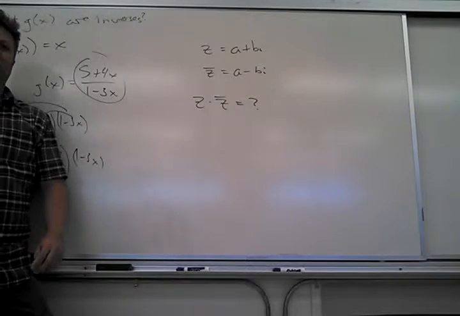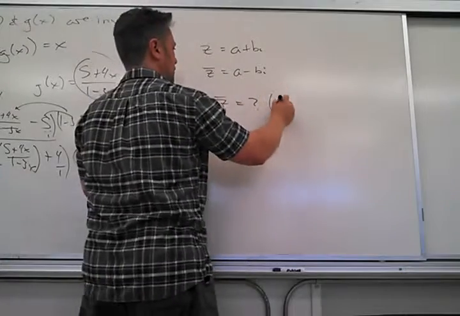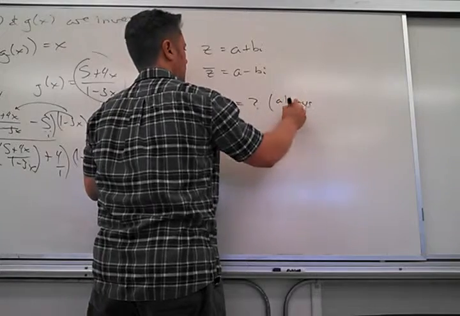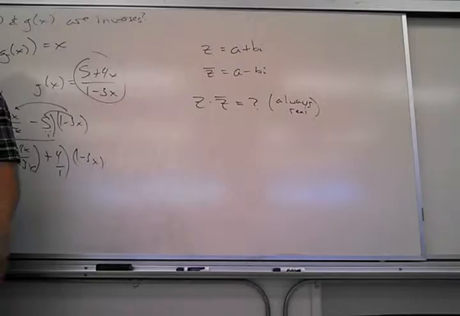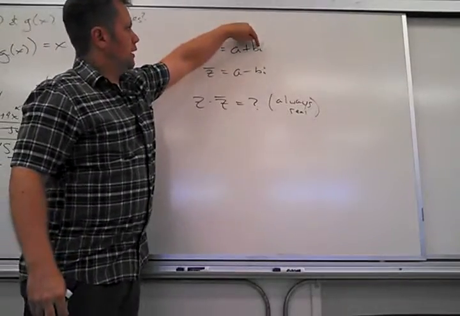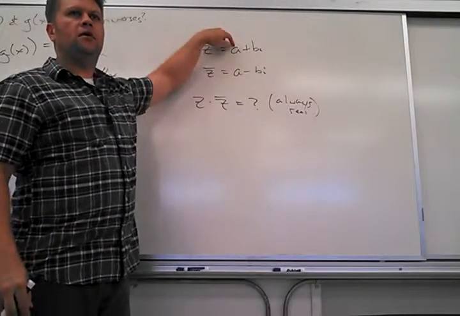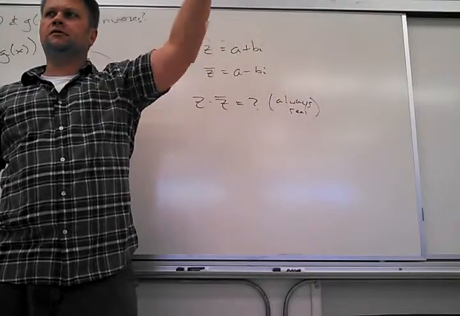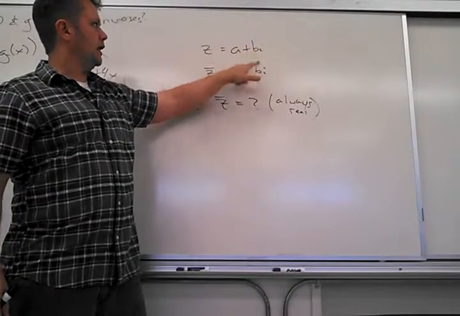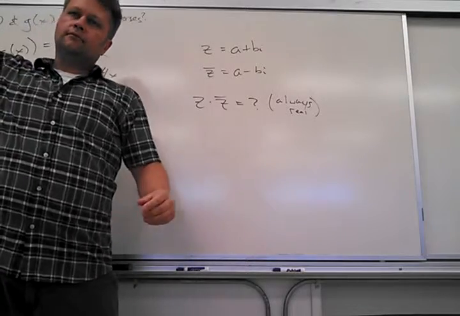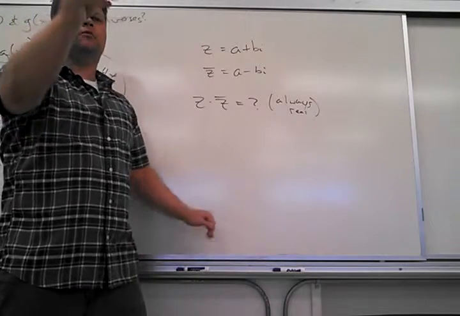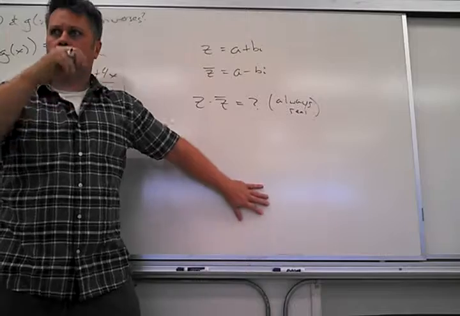Real, yeah. So this will always be real. Which is neat. And you can see if you did the multiplication, the BI stuff would only be in the middle terms, and the middle terms cancel. Because at the end you'll get negative BI squared, but I squared is negative 1. The most important power of I to know.